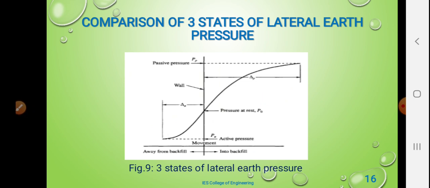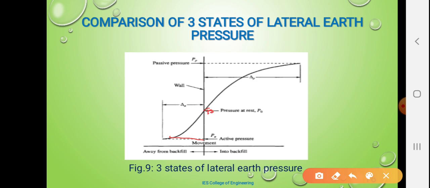Here you can understand the three states clearly. That means here the x-axis is wall movement and the y-axis is the pressure. So this is the movement of the wall in the case of the active condition, that means delta A. Here pressure P is very less, and here it is the at rest condition.